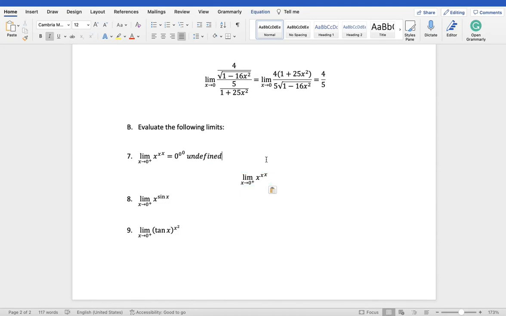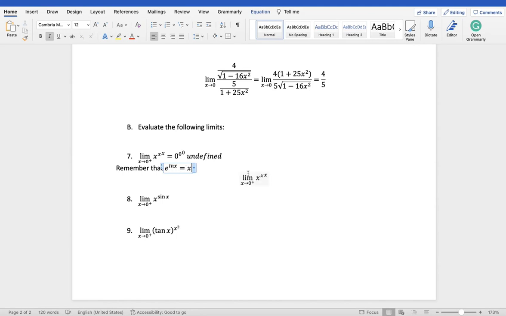And to do this, we'll be reminded that we have this rule that when you have e to ln x, that is just equivalent to x.